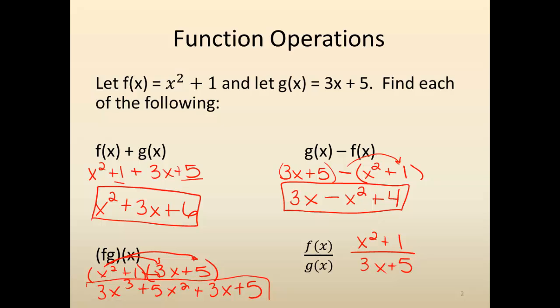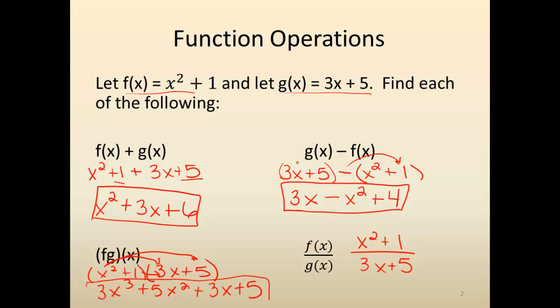Now I haven't mentioned anything about the domain on the rest of them because the addition, well, let's start with the original questions. F and G have domains of all real numbers. It's a quadratic and a linear. Domain is all real numbers.